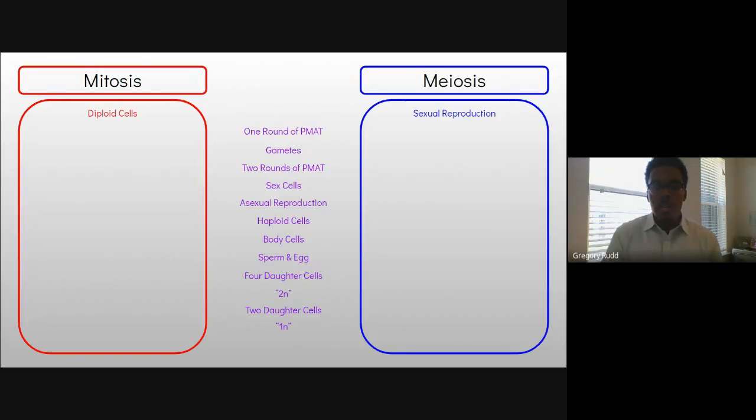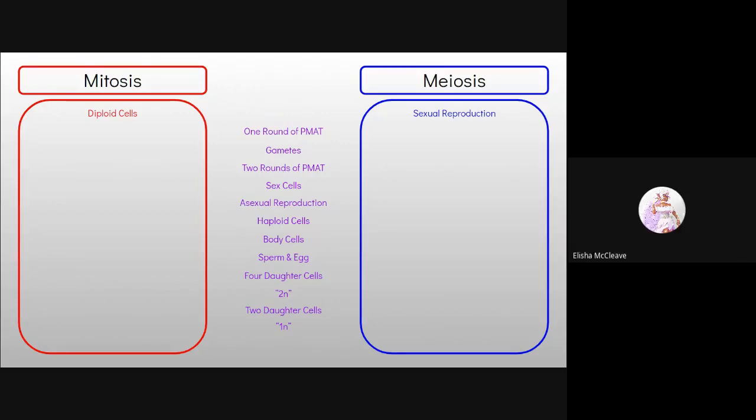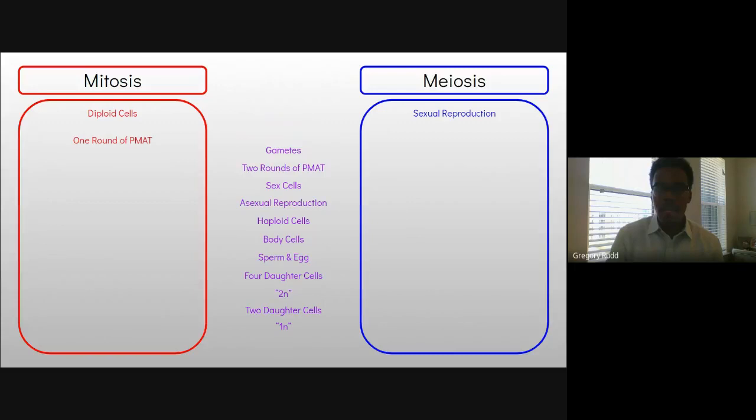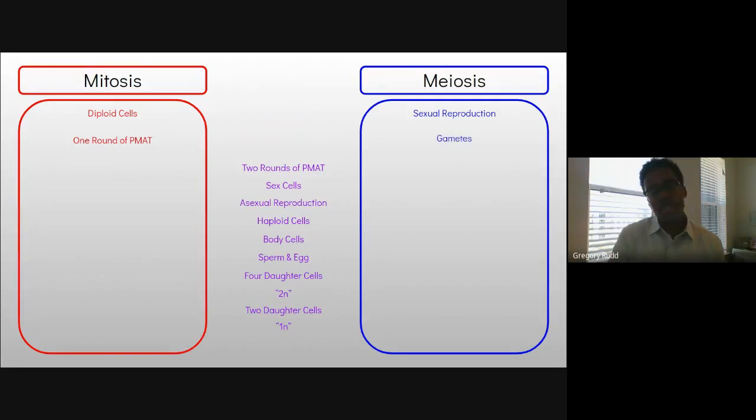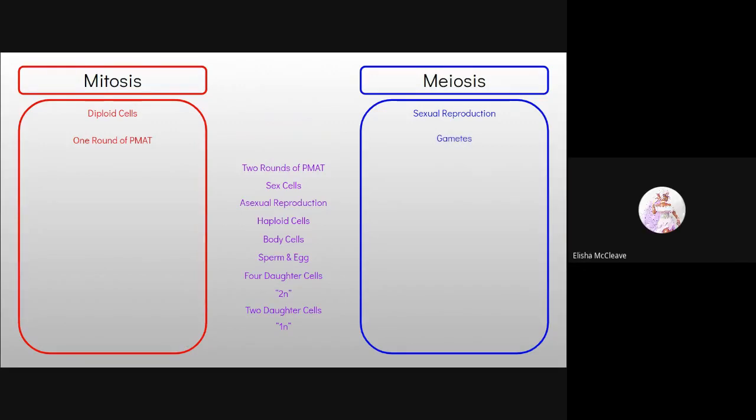One round of PMAT. What do we think? Mitosis. That's mitosis as well. Gametes, meiosis, good. 2 rounds of PMAT, meiosis, good.